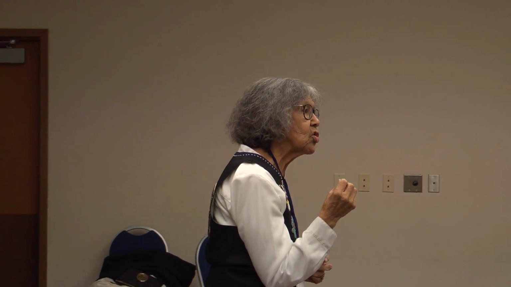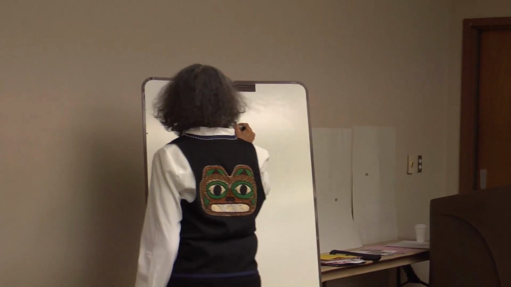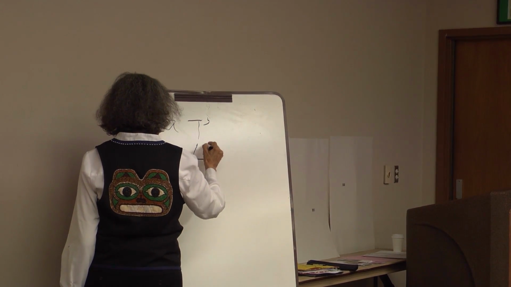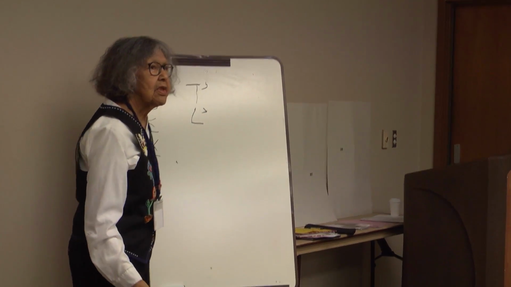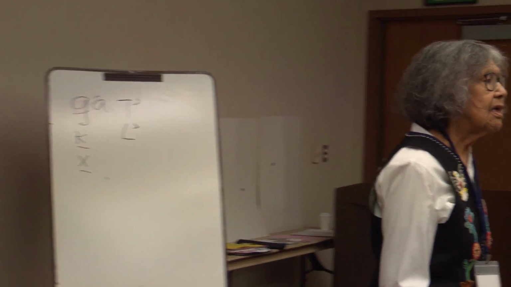So the letters that you close your teeth on are the ones with the apostrophe. So you see Tlingit writing with the little mark on it.